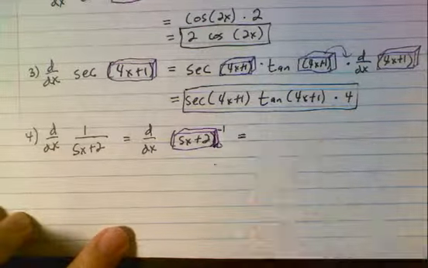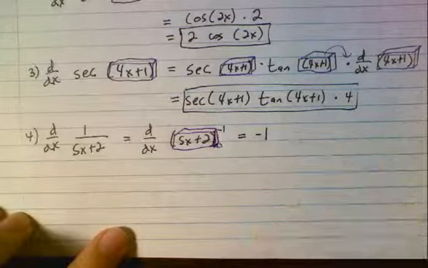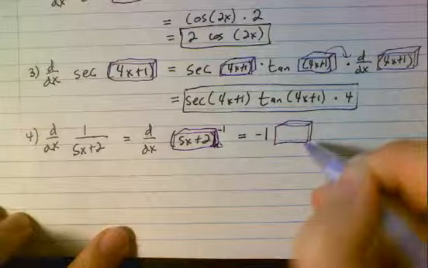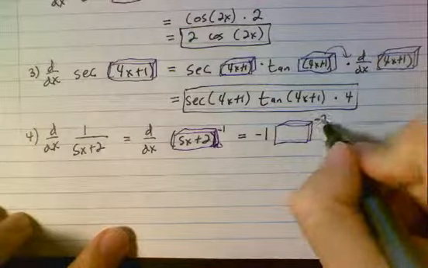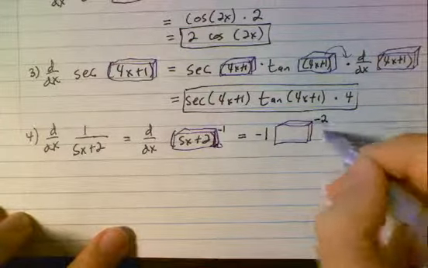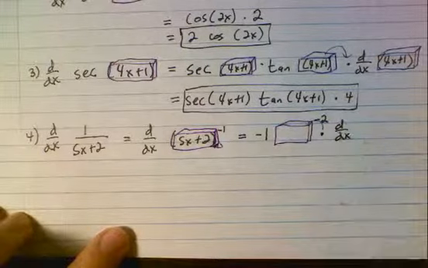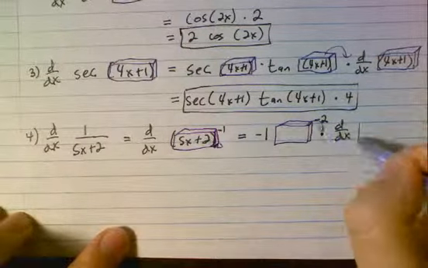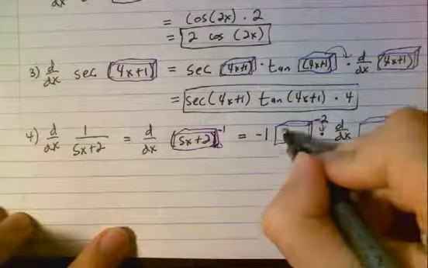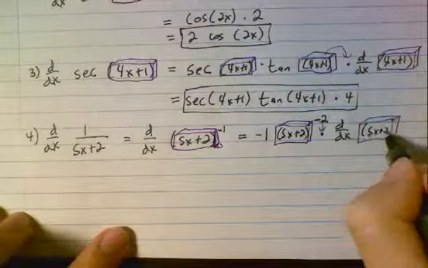And now we're applying the power rule, just like we were doing before. Bring down the negative 1. Subtract 1 up here, make sure that's negative 2, not 0. And multiply by the derivative of whatever was in the box. 5x plus 2, 5x plus 2.